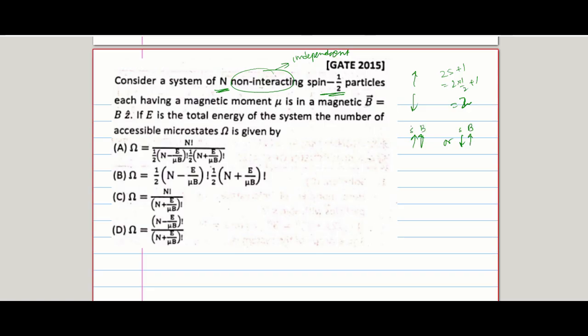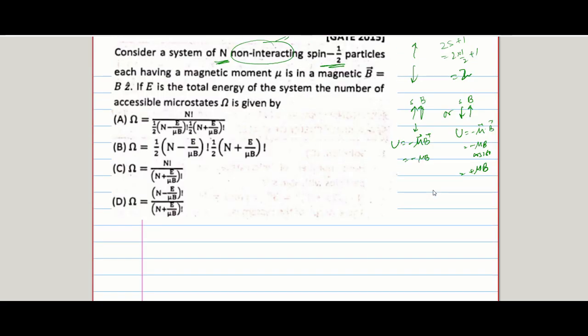In this case the energy would be minus mu dot B, which is minus mu B cos theta. For parallel, cos theta is 1, so the energy is minus mu B. For anti-parallel, it is minus mu B cos 180, which is plus mu B. These are the energies, which means it can basically either have minus mu B energy or plus mu B energy.